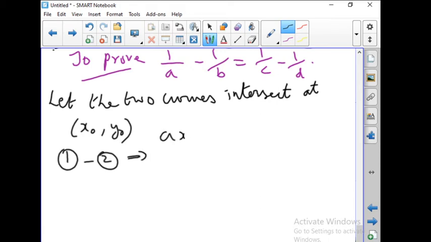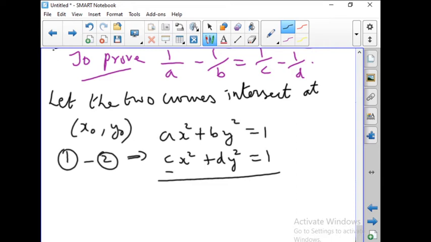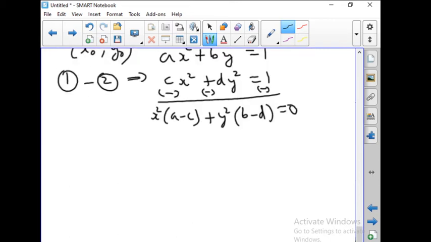Write the two curves. You know how to solve equations, right? a x square plus b y square is equal to 1, c x square plus d y square is equal to 1. Subtracting, this is minus, this is minus, this is minus. So what you get: x square into a minus c plus y square into b minus d is equal to 0.